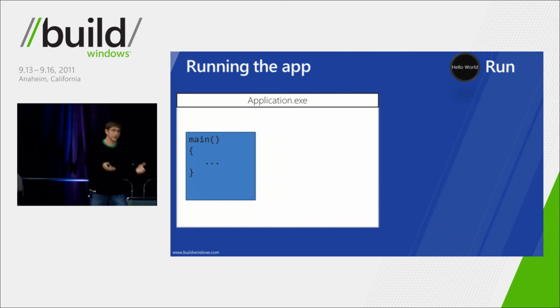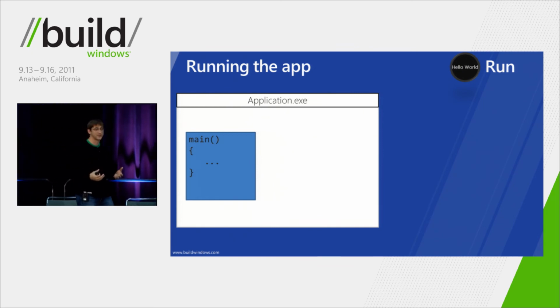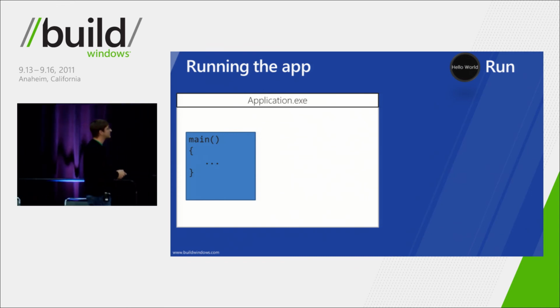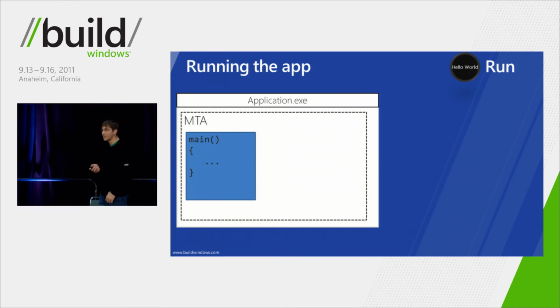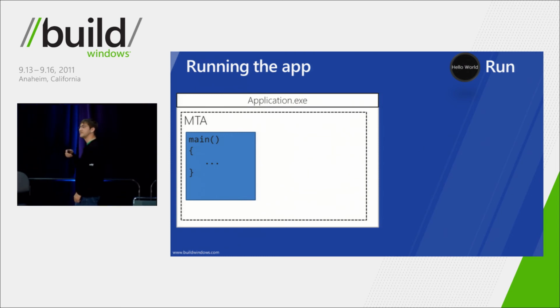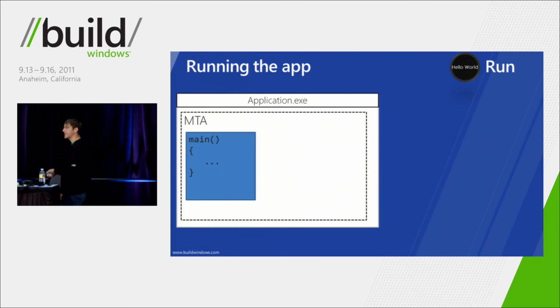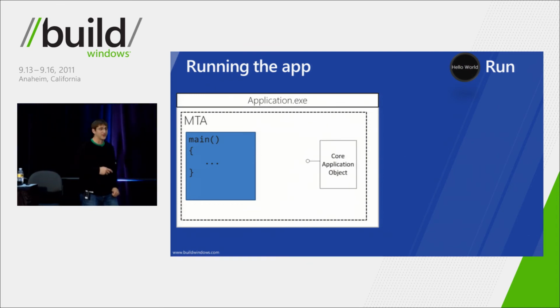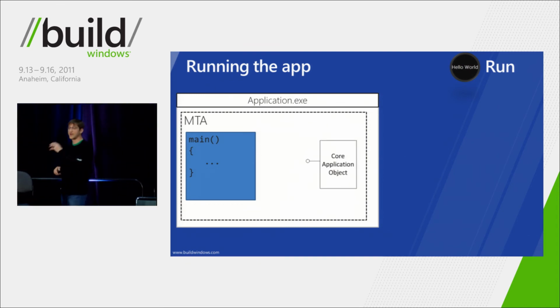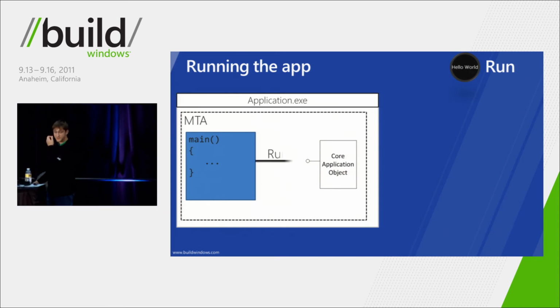If you were writing your own application, it would be your own application's process. We saw that main code went and initialized an MTA. That code's now running, initialized, in a multi-threaded apartment for the Windows Runtime. It created a core application object, specifically through the factory activation pattern, and it called Run.